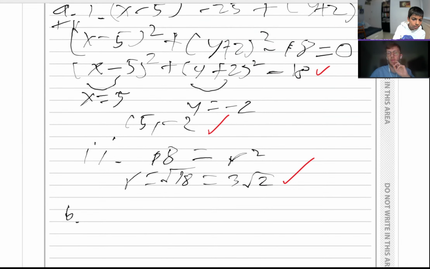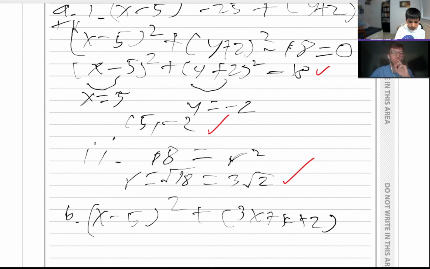Then we'll get x minus 5 squared plus 3x plus k plus 2 squared, and that equals 18.